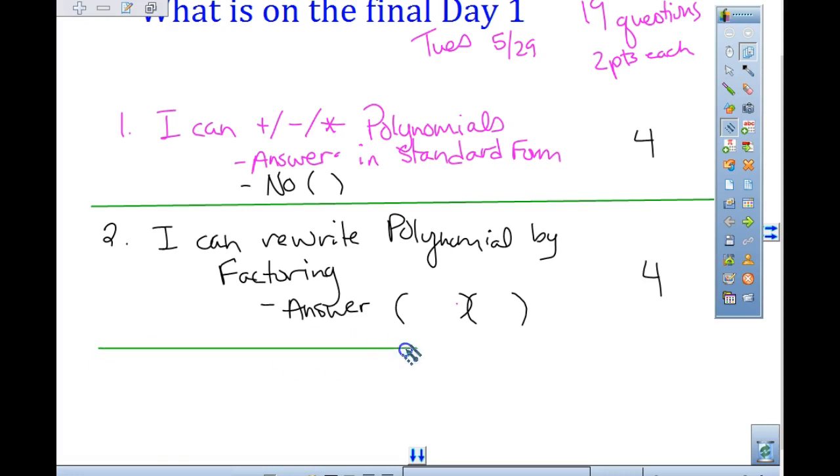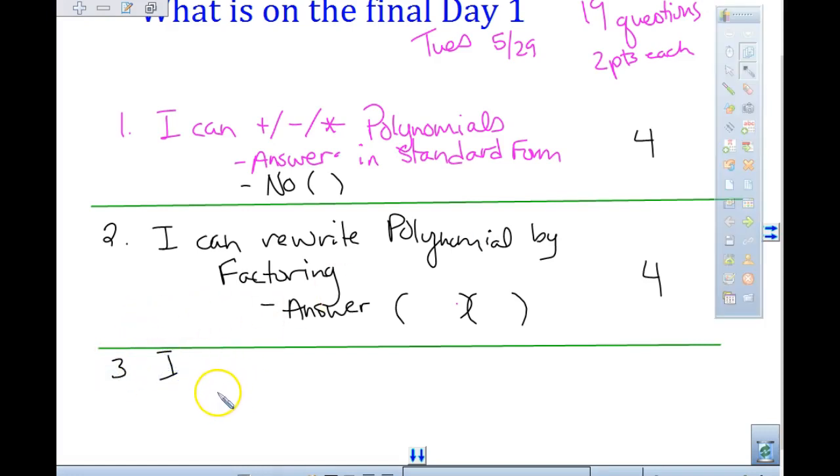If I am looking at the next standard, I can convert expressions between exponential and radical.